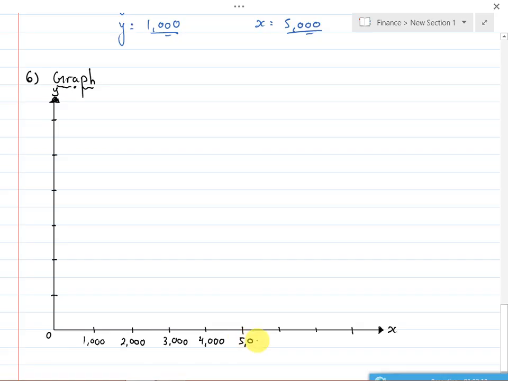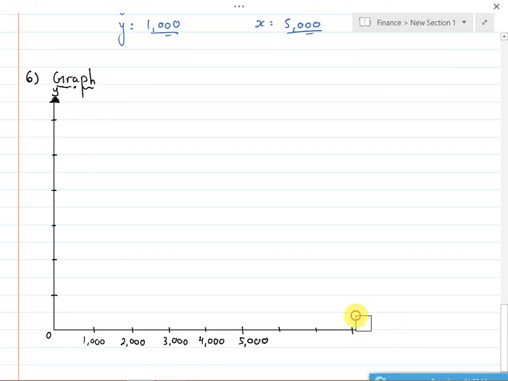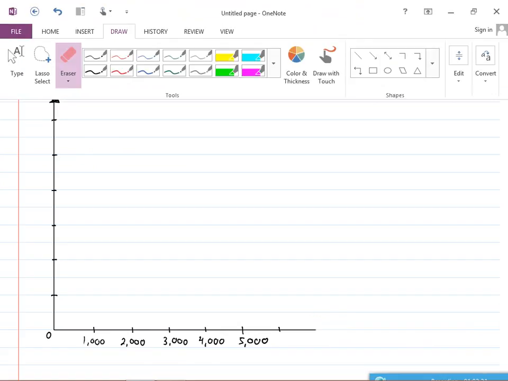So let me make it shorter a bit, easier, look nice.